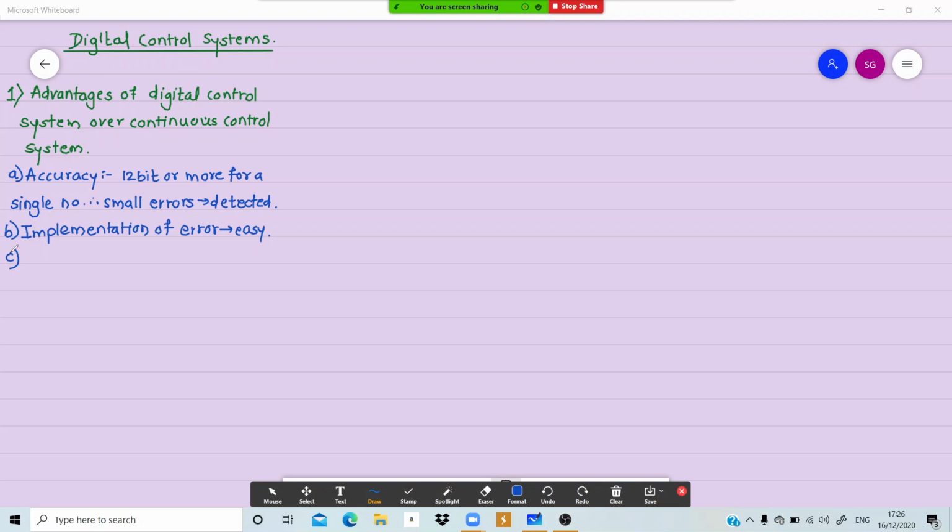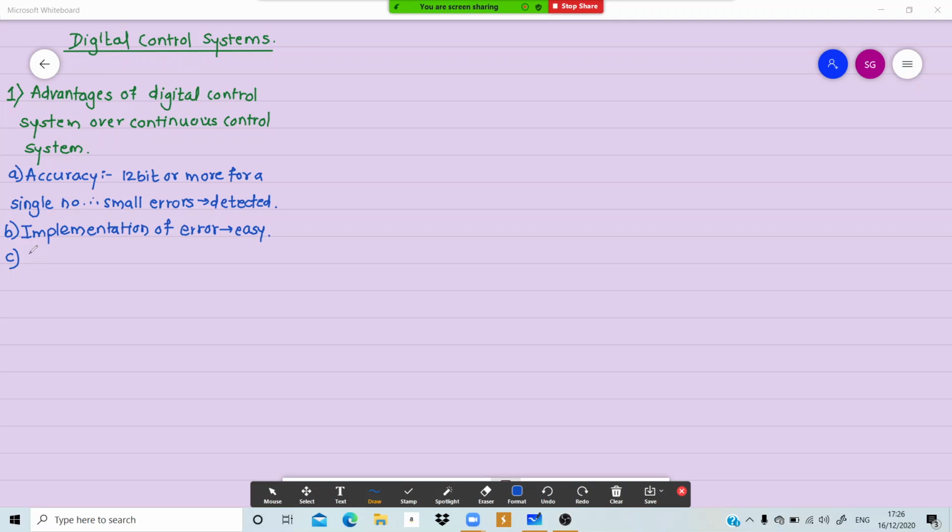Then the third advantage is flexibility. An analog controller is difficult to modify or redesign once its hardware is implemented. But a digital control system is software, so for modification we are not changing any hardware, we just change the software, and it is possible to change the controlling system.